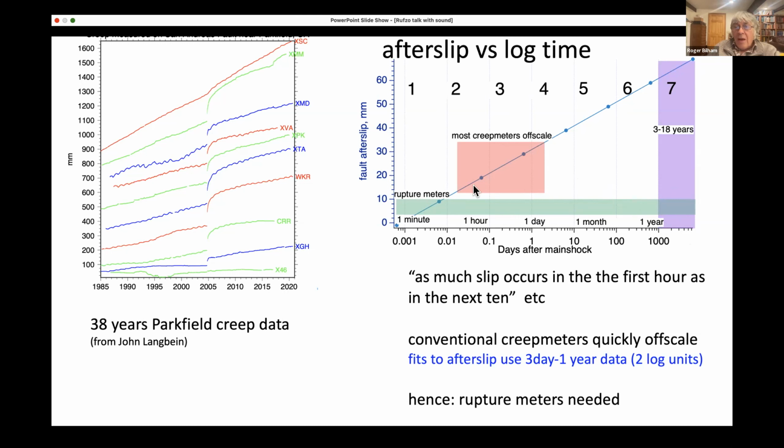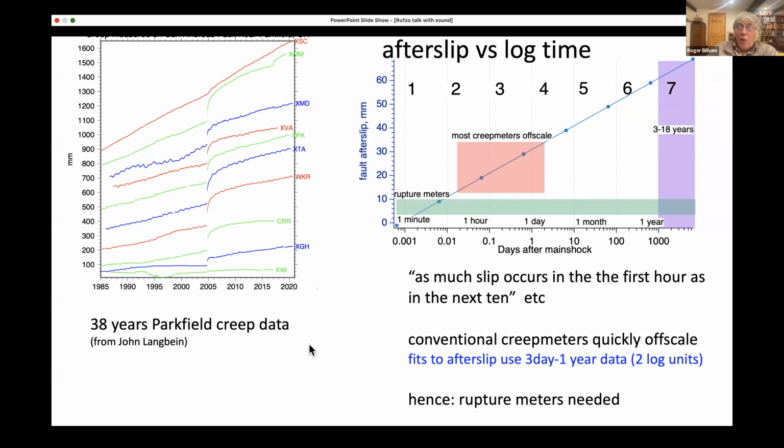So most creep meters miss out on most of the action in the first hour or 2 or 3 days until you get them back on scale. And so most afterslip studies have been done starting from 3 days after the earthquake to perhaps a year after the earthquake. Well, that's essentially 3 days to 300 days, which is enough to define these afterslip curves.